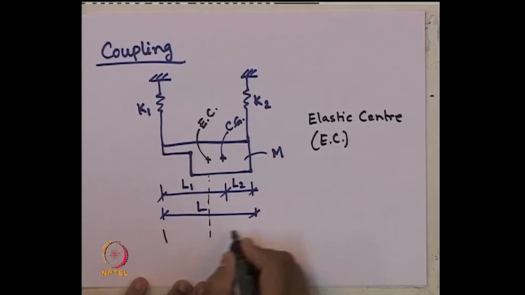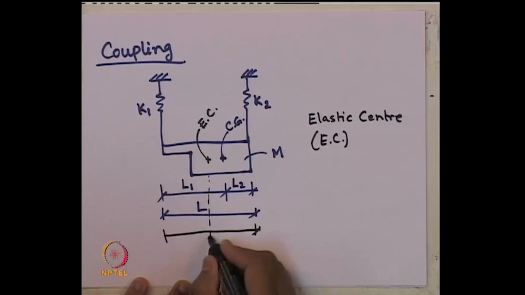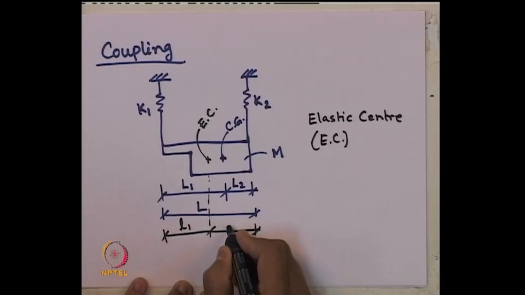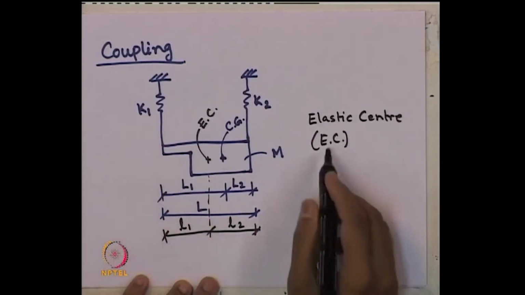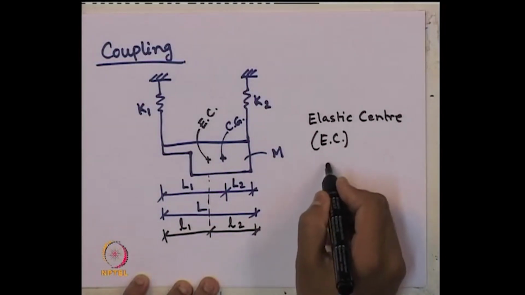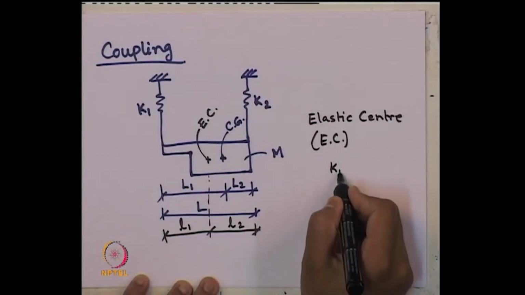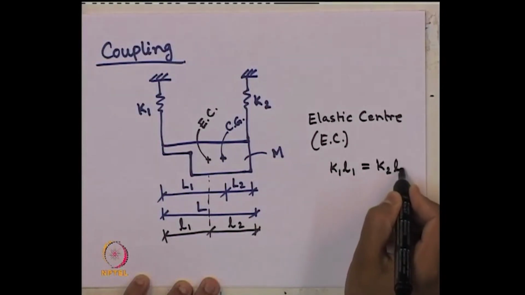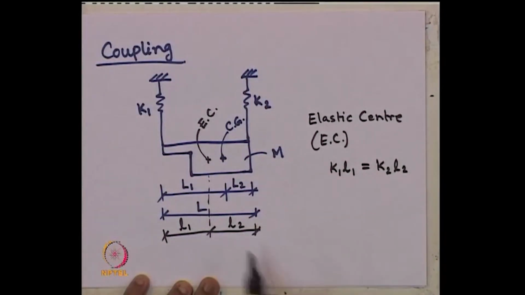Let us say, from the two ends the distances are, this is small L1, this is small L2. So, the elastic center is such that K1 L1 is equal to K2 L2 at that point. So, that is the definition of the elastic center.